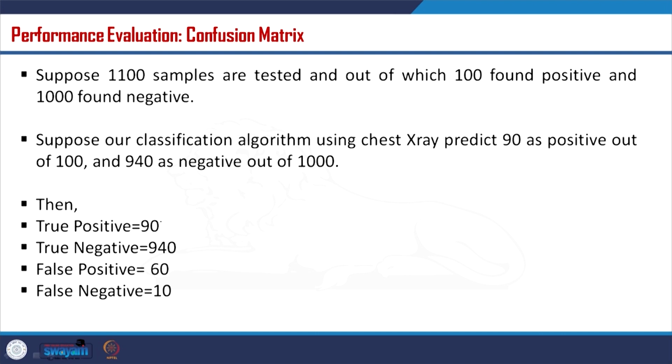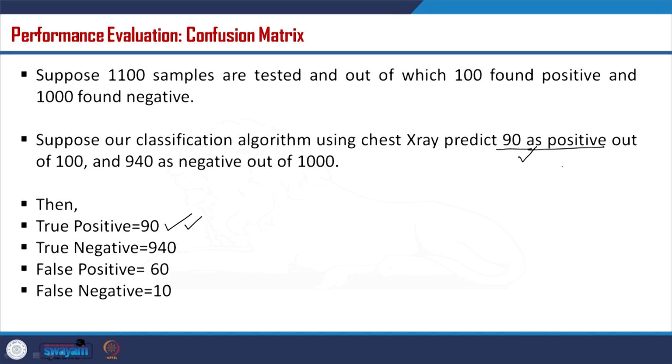Now we will measure some parameters, one is true positive. As you saw, there are actually 100 positive samples, but our classifier is classifying 90 out of those 100. So, my true positive is 90.